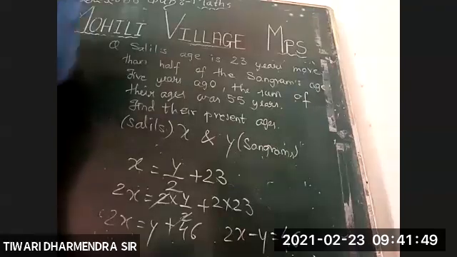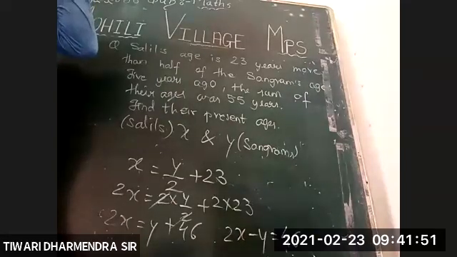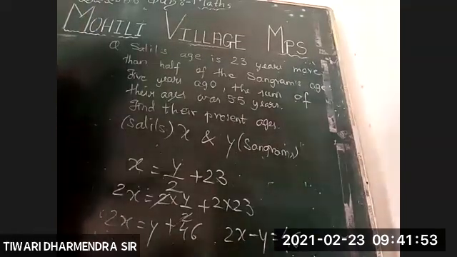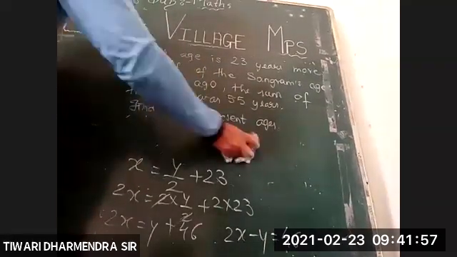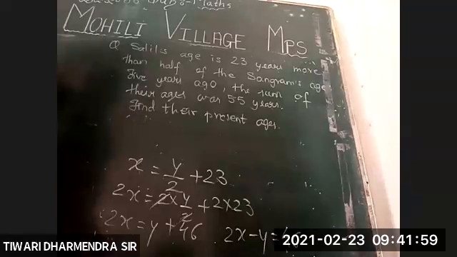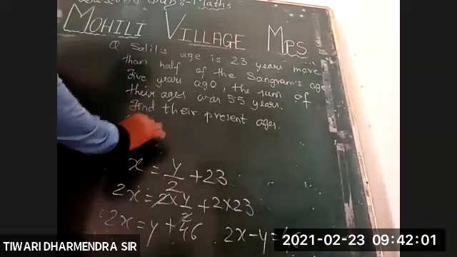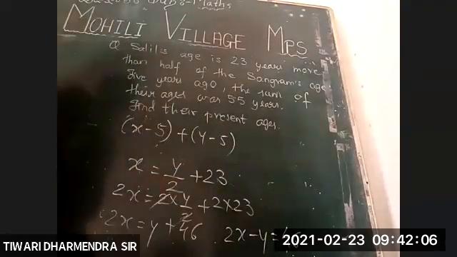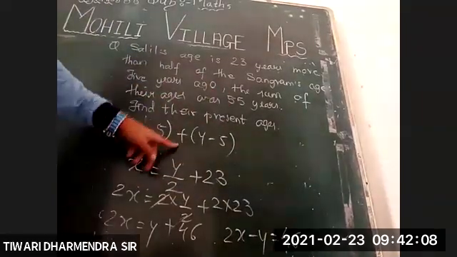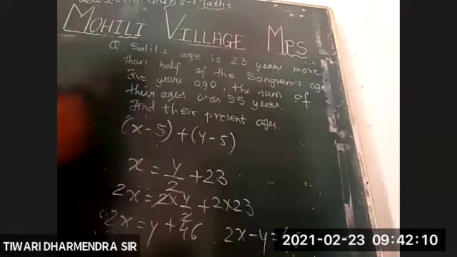And according to the second statement, 5 years ago means x minus 5 plus y minus 5. Why have we taken the sum? Because the sum of their ages was 55.